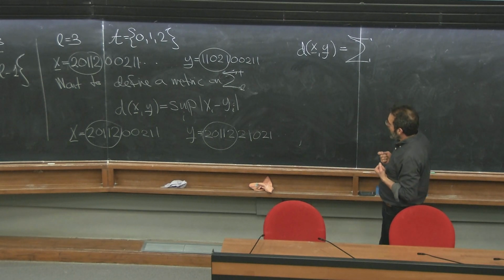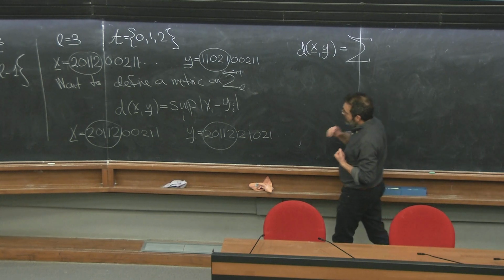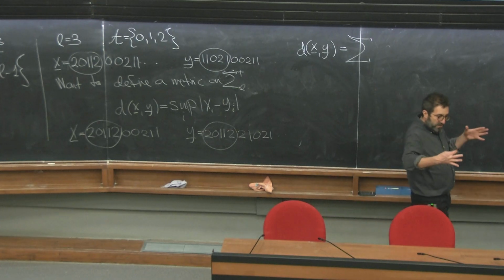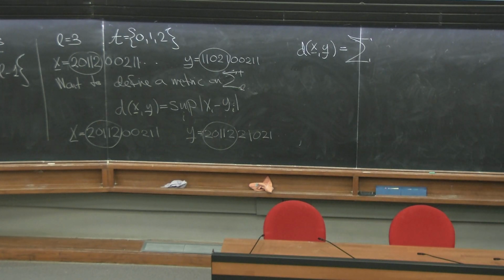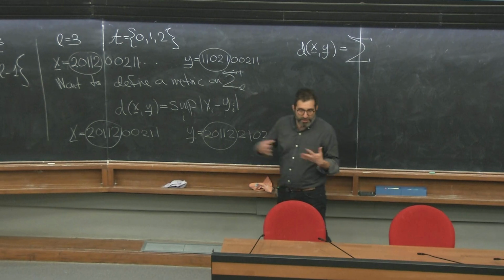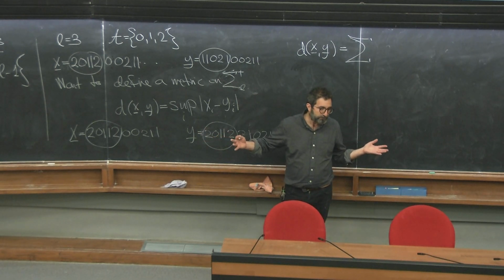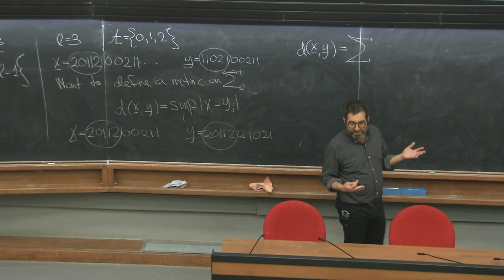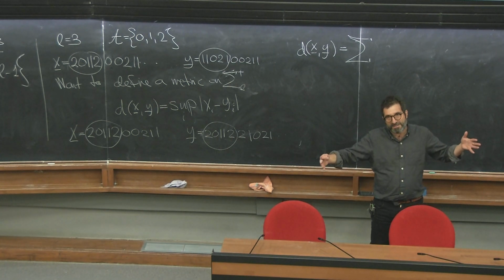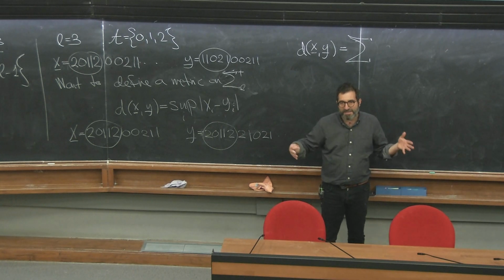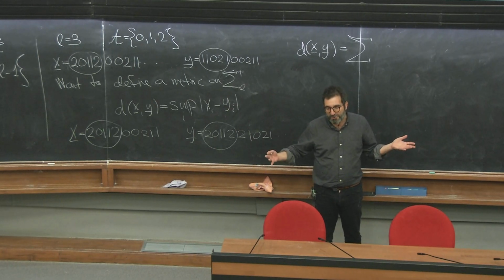Right? On the other hand, it is very easy to define a metric where two sequences are very close if the first 100 digits are the same. If you think about it, this is very consistent with our intuition with the usual decimal expansion. If we have two numbers and they coincide for the first 100 decimal places, then they're extremely close.